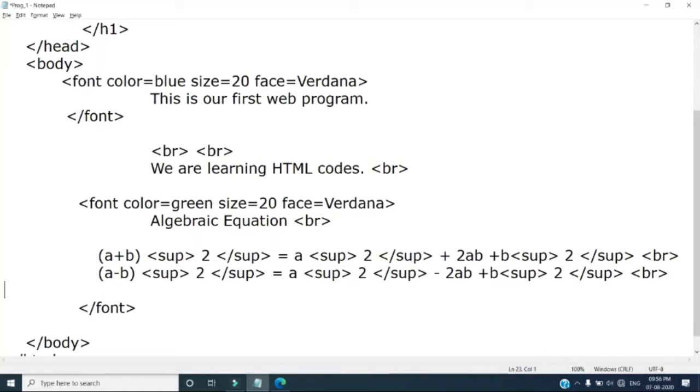And the third one is (a + b) into (a - b), equals a² minus b². So a square is SUP 2 SUP, a² minus b².